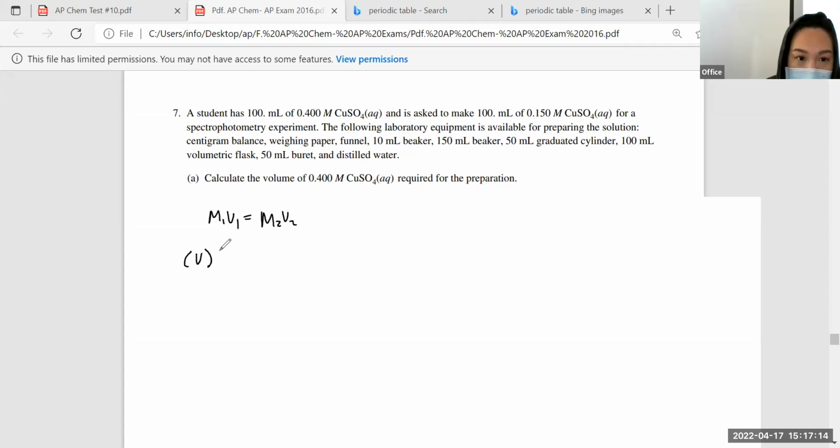Volume of 0.4 molar, 100 milliliters, 0.15 divided by 0.4, 37.5 milliliters.